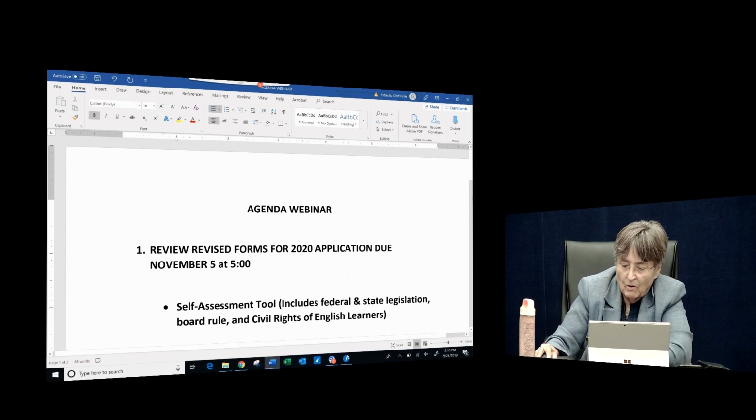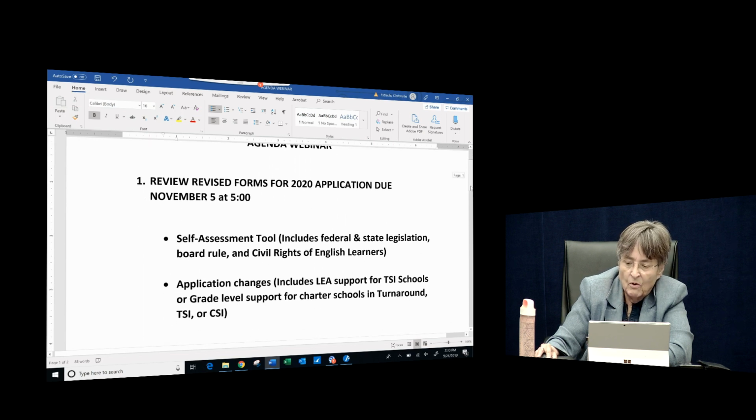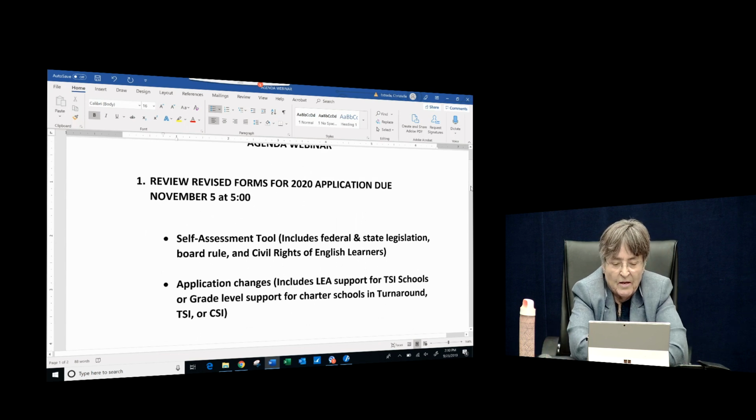budget. So the first thing we're going to do is look at the two forms that are necessary for the funding application for 2020. So it's the year 19 and 2020 as well.